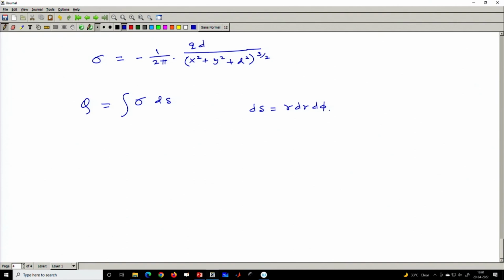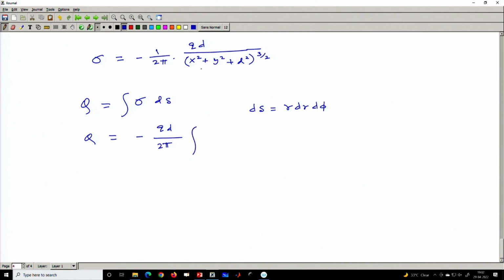So now I have sigma here, and my q should be minus q d divided by 2 pi, and I need to integrate.